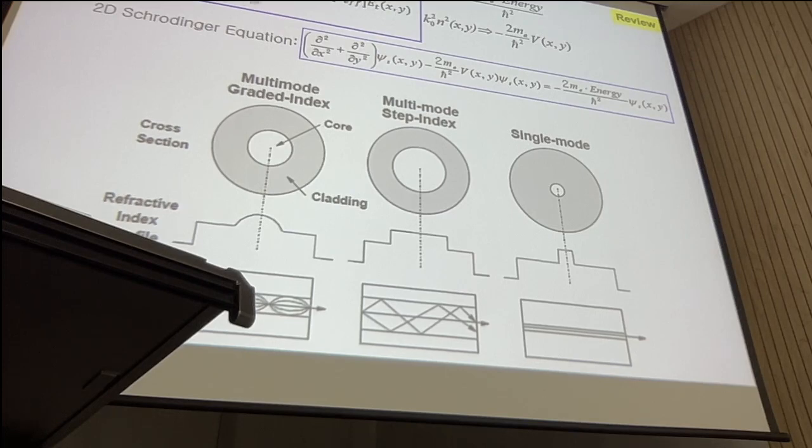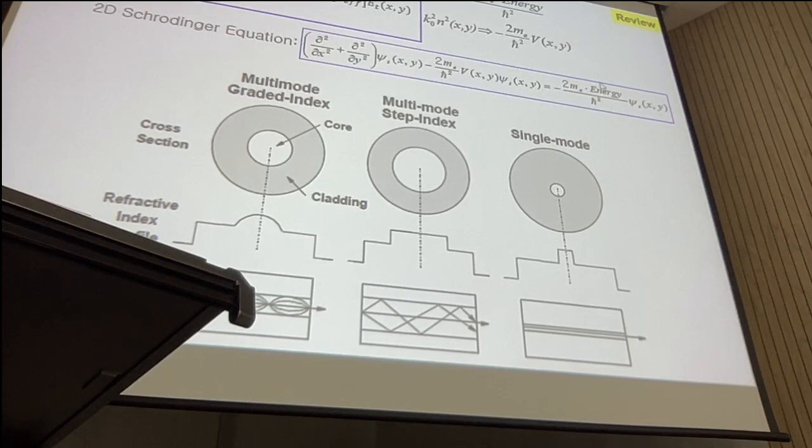And if you compare this with the two-dimensional Schrödinger equation, there is h bar square over 2m. If we divide by that, then del square psi becomes minus this V, because there used to be minus h bar square over 2m over here. So we take this to the right side by dividing it.